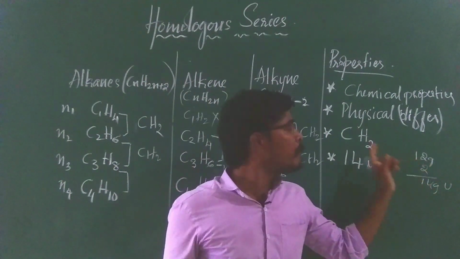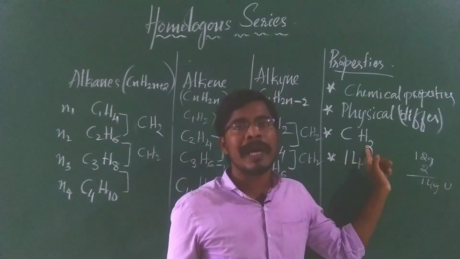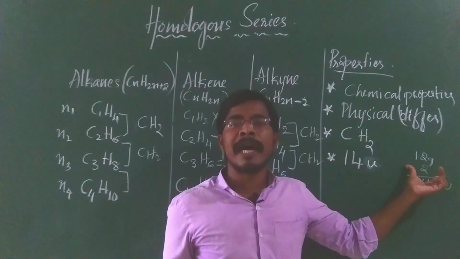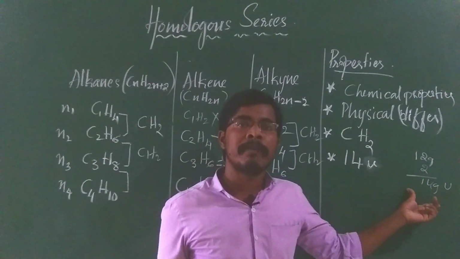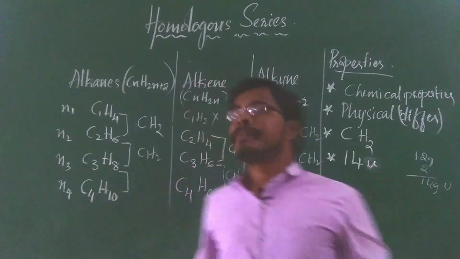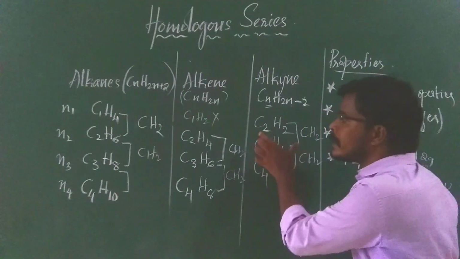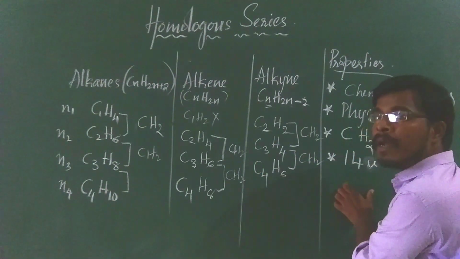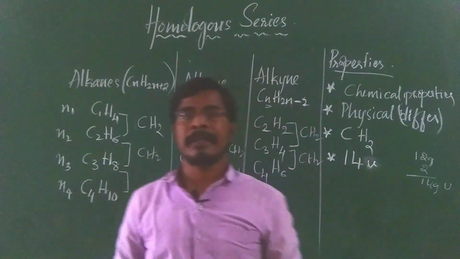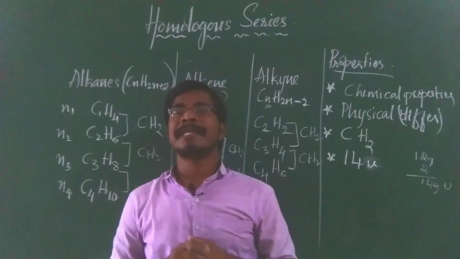How is it 14? If there is a difference of one carbon and two hydrogens, the atomic mass difference between succeeding members will be 14 unified mass. So this is about the homologous series.